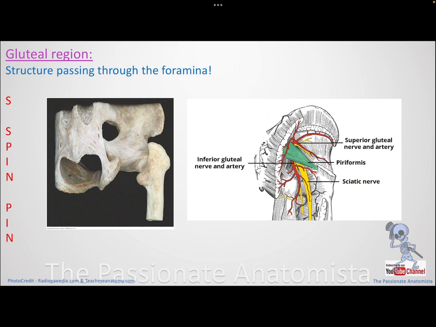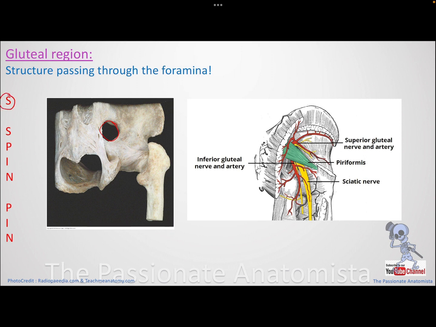Now we are ready to know what the S-spin-pin is. Because we know that the superior gluteal nerve and vessel supply the gluteus medius and minimus, and the inferior supplies the maximus, and we know everything else, let's go ahead and see the mnemonic. The mnemonic, guys, is that the greater sciatic foramen gives an exit to the S-spin-pin.